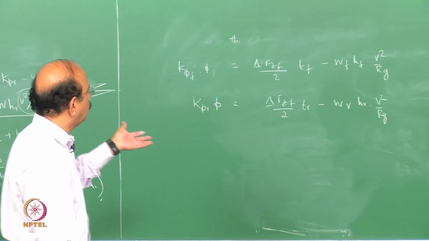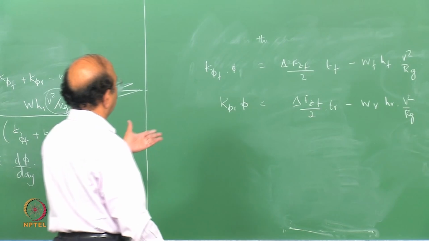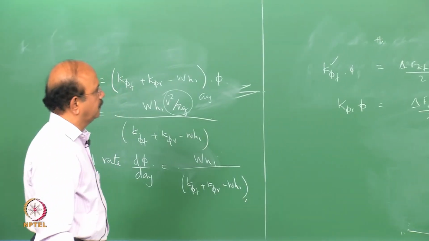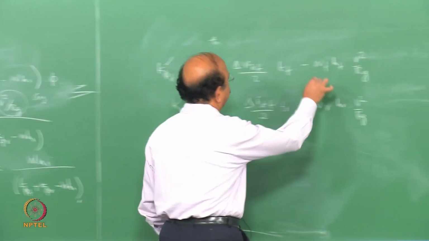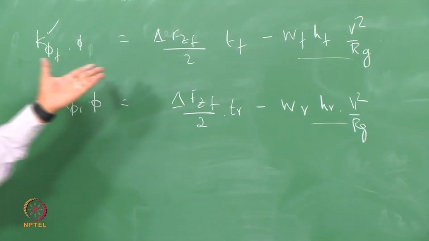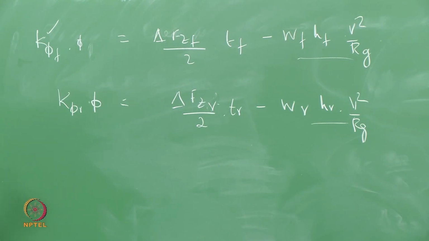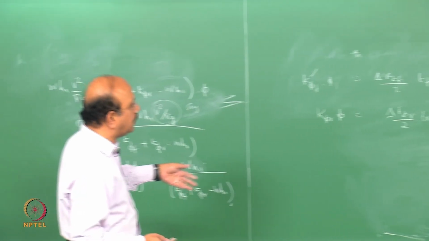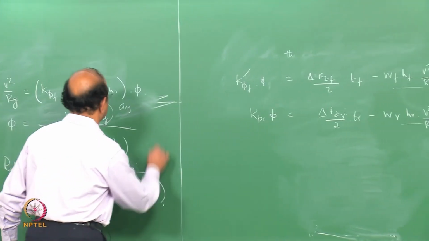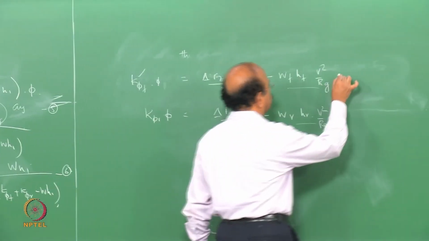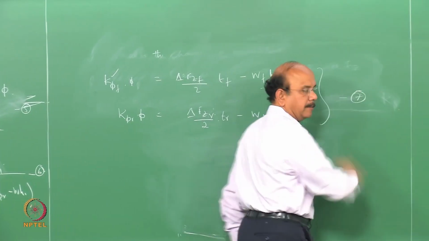Now once I know K phi F, which is actually the property of the suspension, and these factors, I can easily find out delta z F and delta z R. It's straightforward from these two expressions, and let me call that 4, this expression 5, that 6 and that 7.